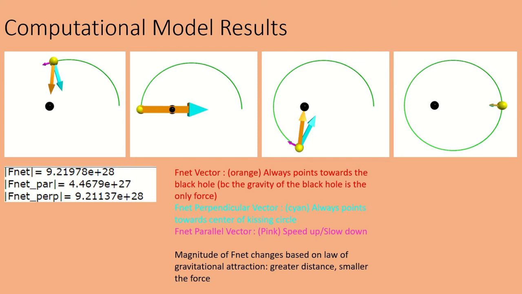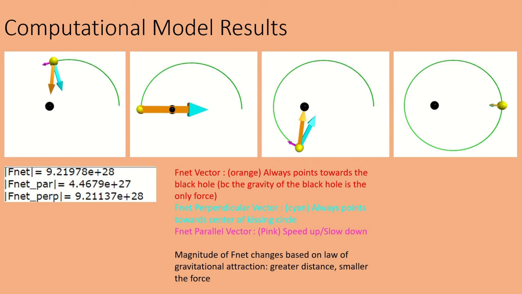This will always point towards the black hole, obviously, because that's the only force acting on it. Then we have the cyan vector, and this will always point towards the center of the kissing circle, and the parallel vector will always point parallel to the direction of the motion.